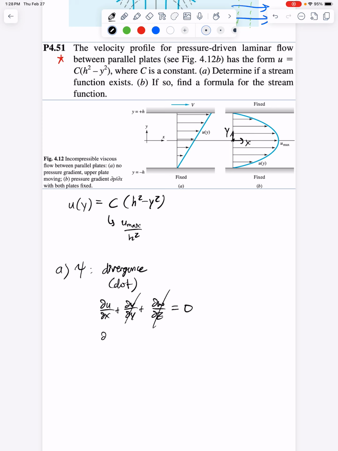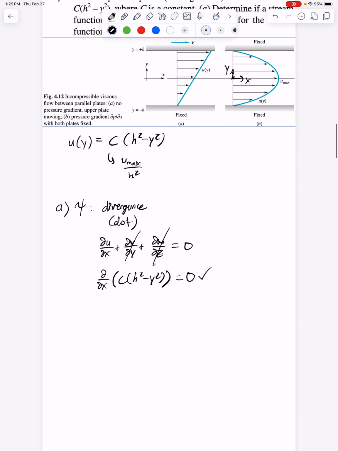And I'm left with the partial derivative with respect to x of c times h squared minus y squared. There are no x terms in this function, therefore that divergence checks out. The divergence equals 0. This checks out because what it implies is that the flow is an incompressible flow field, and we can prove that the flow field is also continuous, which then implies that your streamlines do in fact exist, based on that process.